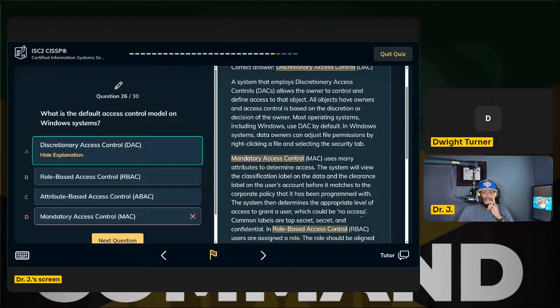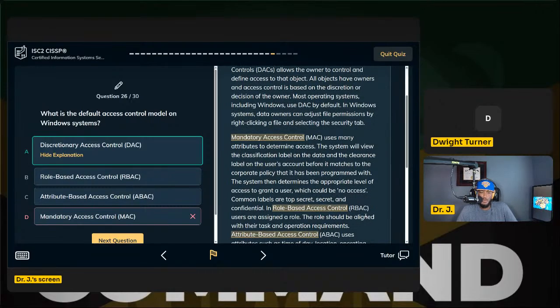Mandatory access control uses many attributes to determine access. The system will view the classification label on the data and clearance on the user's account before it matches to a corporate policy that has been programmed. The system then determines the appropriate level of access granted a user, which could be no access. Common labels are top secret, secret, and confidential.